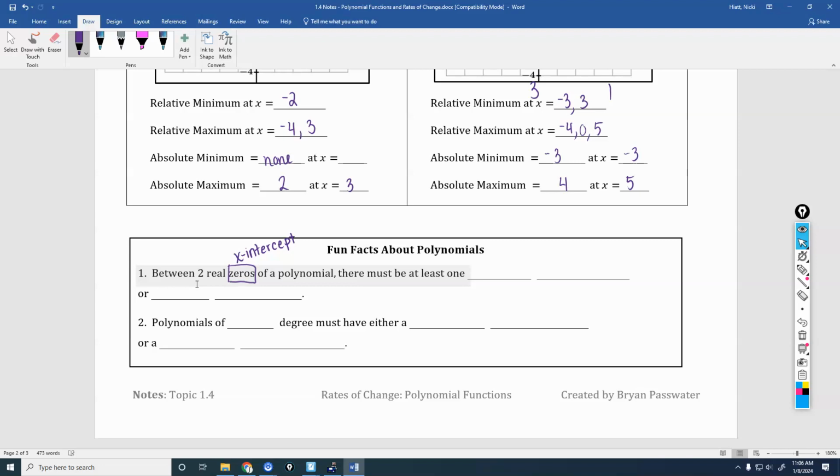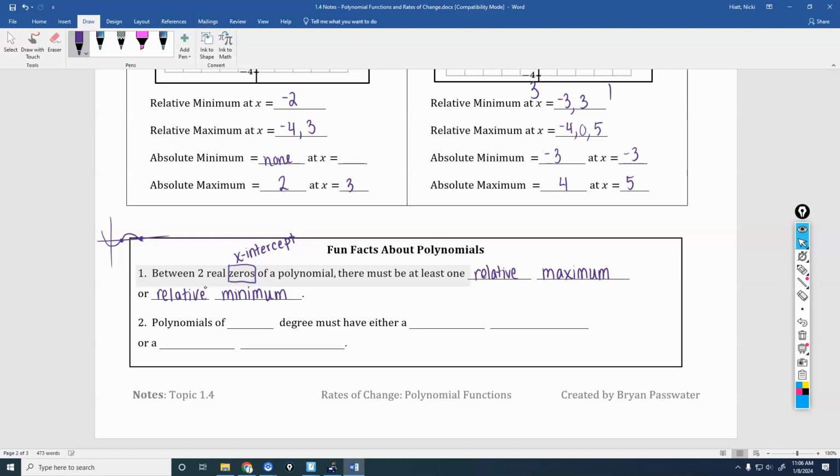So between any two x-intercepts, between any two places where it crosses the x-axis, no matter what it looks like, if it is a continuous function, you've got to have either one relative maximum or a relative minimum.